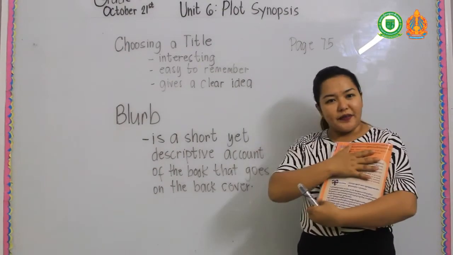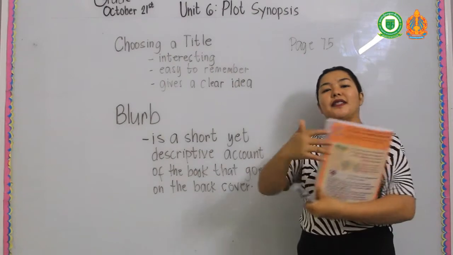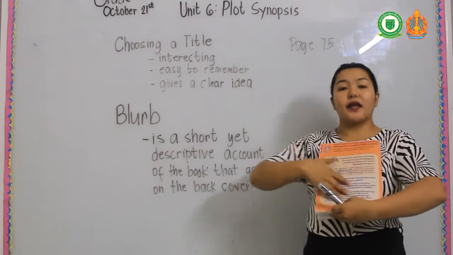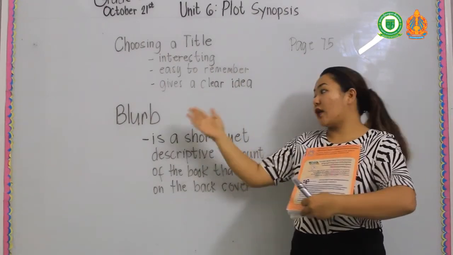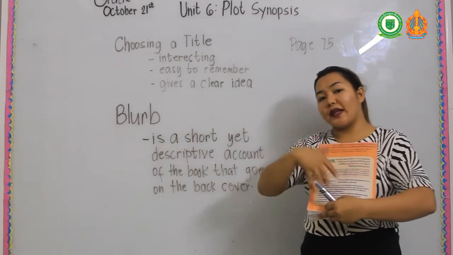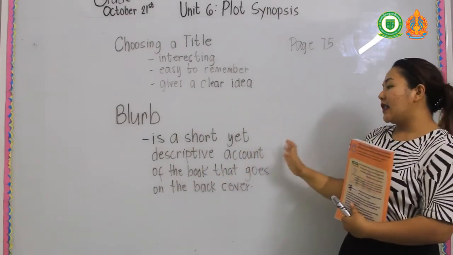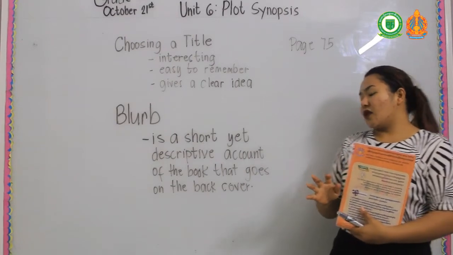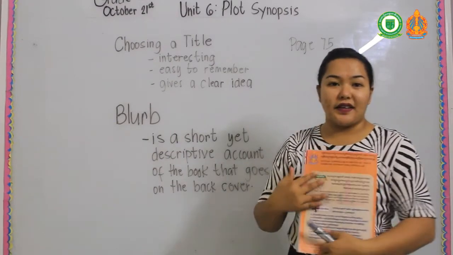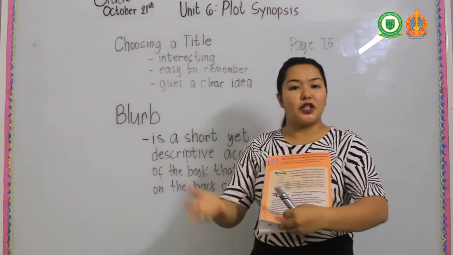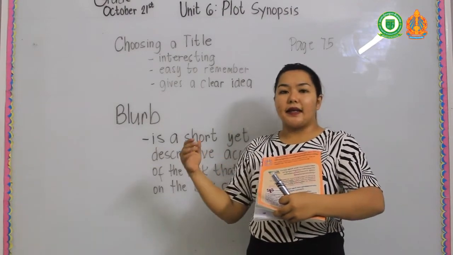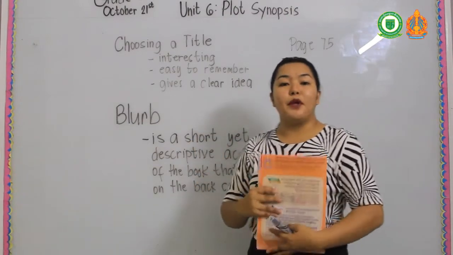So this is the front cover, this is the back cover, and here is where you can see your blurb. This is where you write your blurb. It's a short, descriptive account of the book that goes on the back cover. Okay, it still gives us information about the book, and since it's at the back, we call it a blurb.